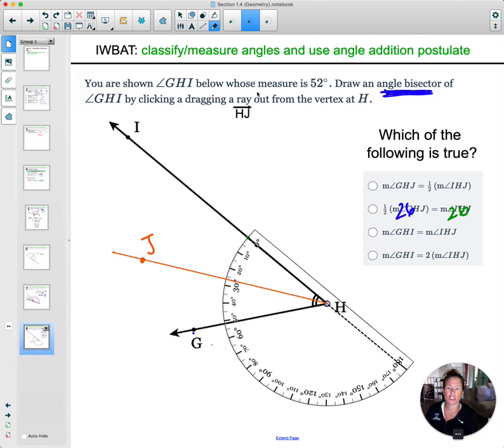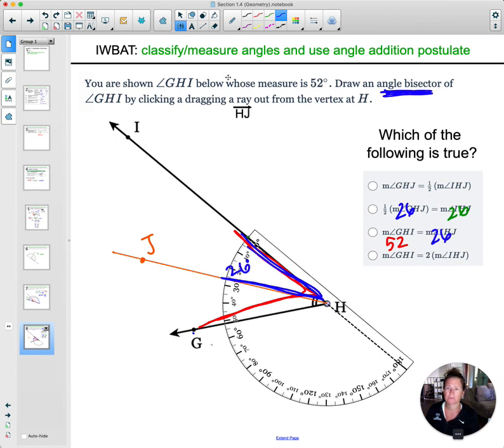So the next one, GHI. GHI is this whole big angle here, that's 52, is equal to IHJ. IHJ right here is 26, so that's not true. So hopefully this last one is true.